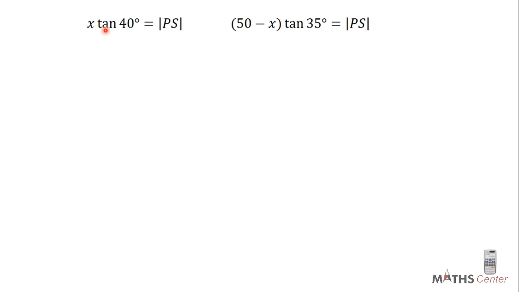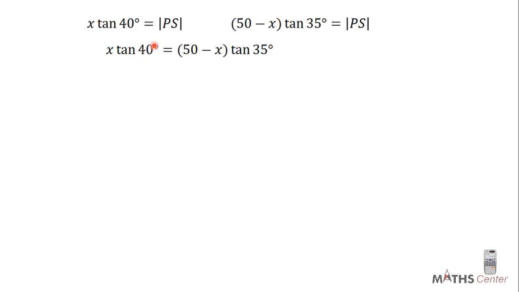So if PS is equal to X tan 40 degrees and the same PS is equal to 50 minus X times tan 35 degrees, then we can equate them. So we will say that X times tan 40 degrees is equal to 50 minus X times tan 35 degrees. So we are going to find X from here.